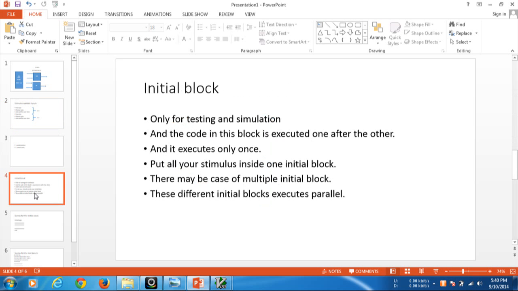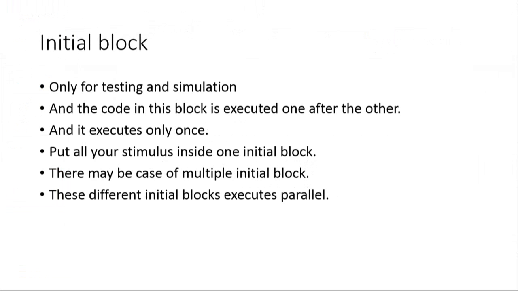Next, we discussed the initial block, which is a part of the test bench. This initial block is only used for testing and simulation. The code in this block is executed only once, as you are seeing in this slide. Put all your stimulus inside one initial block. That means what you have to give as inputs to your DUT, you have to initialize in the initial block only. There may be multiple initial blocks, and these multiple initial blocks execute parallelly.